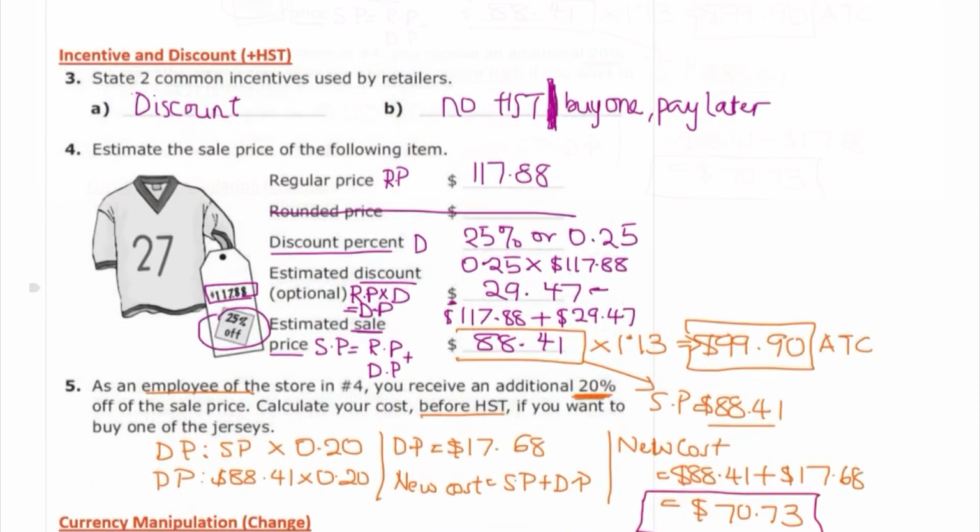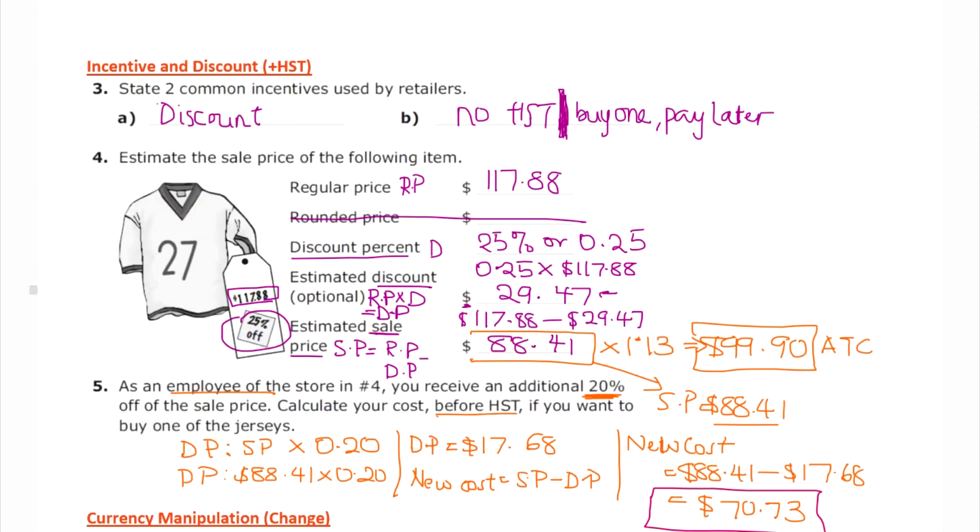And we looked at how incentives and discounts work mathematically. One thing to keep in mind is that you multiply the regular price by the discount decimal percentage, and once you get your answer you subtract the discount from the regular price to get the selling price.